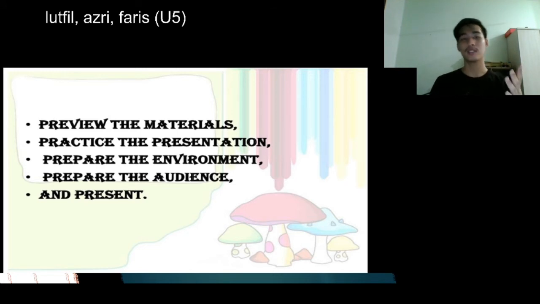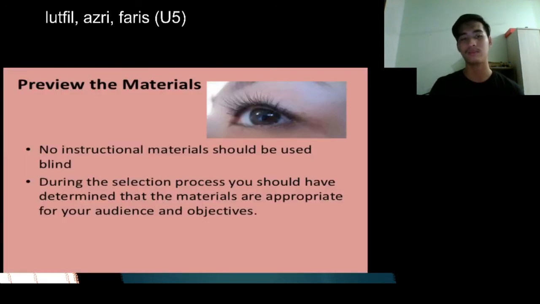Those are steps to utilize the media and materials, so that the teacher will utilize the usage of technology in the classroom. First of all, let's see the preview of the materials.